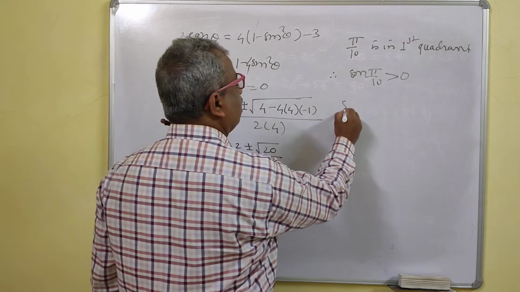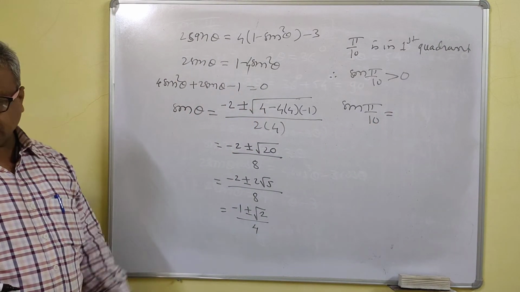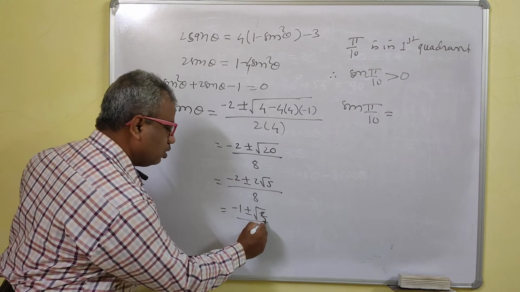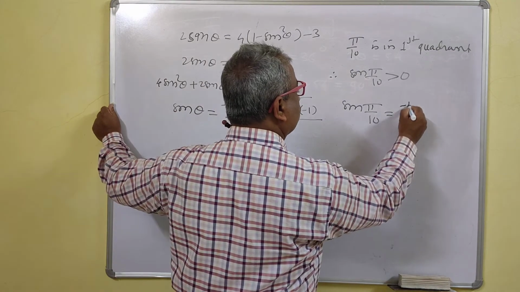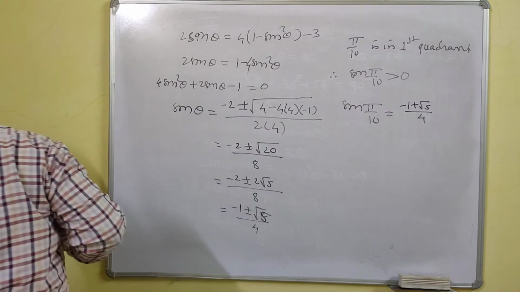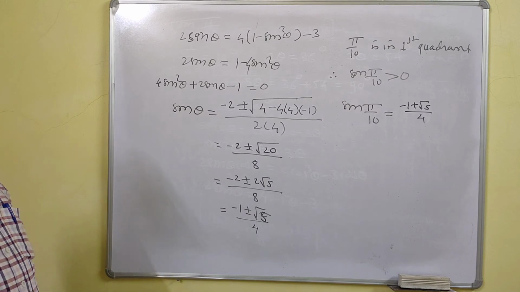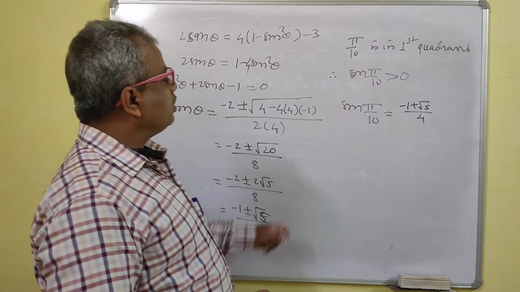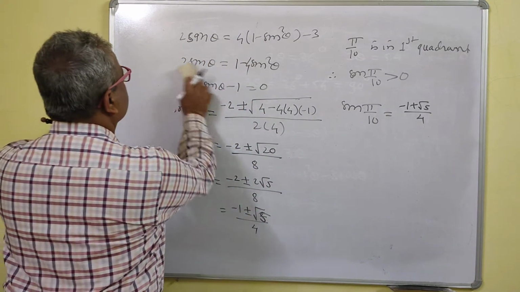So sin theta, or sin pi by 10, is equal to, we will take the plus sign, root 5, not root 2, root 5, so this is minus 1 plus root 5 upon 4, or root 5 minus 1 upon 4, right? This is the value. Similarly, you can find the value of cos. It is better to remember sin pi by 10, or sin 18 degrees, is root 5 minus 1 upon 4.